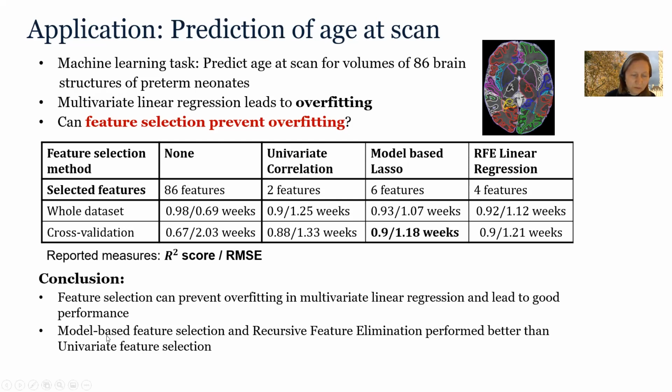And also that model-based feature selection and recursive feature elimination perform better than univariate feature selection. And the reason for this is that these methods can also look at interaction between features, not just their individual importances.